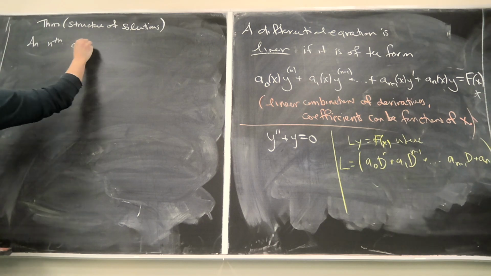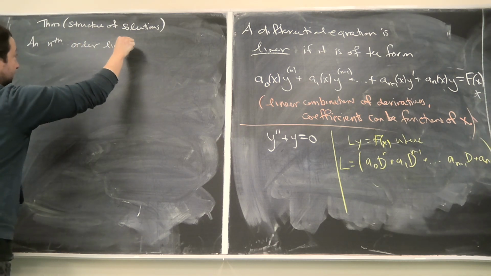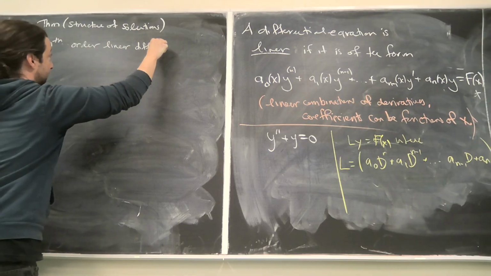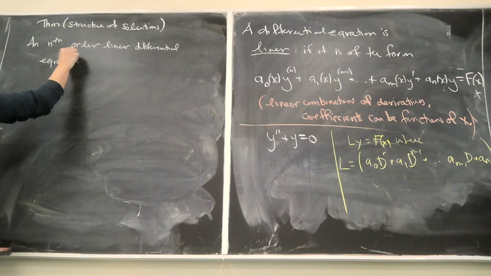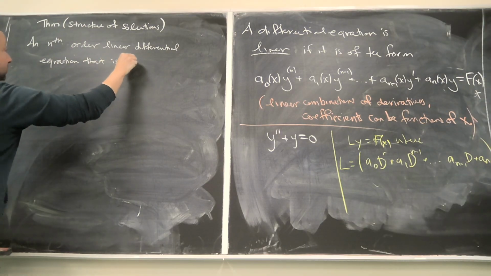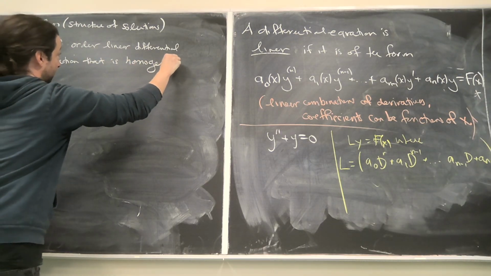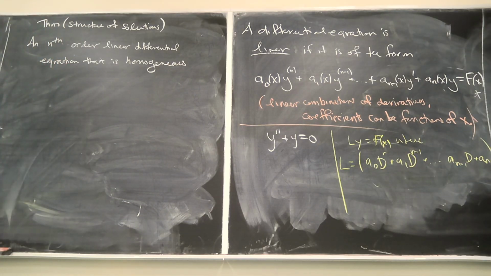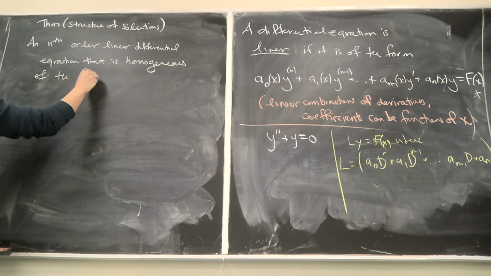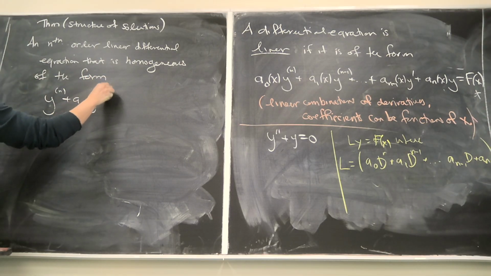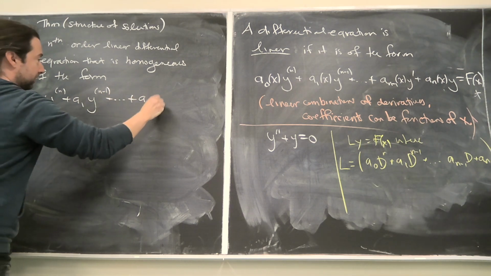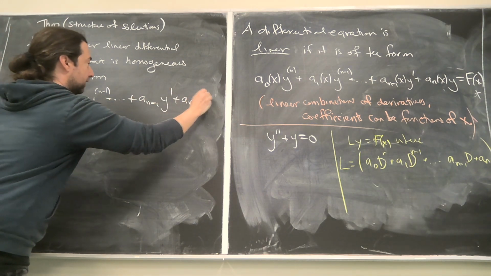An nth order linear differential equation that is homogeneous, that is to say, we're looking at something of the form: the nth derivative of y, plus a1 times the (n-1)th derivative of y, and so on, plus a_{n-1} y prime plus a_n y is equal to 0.